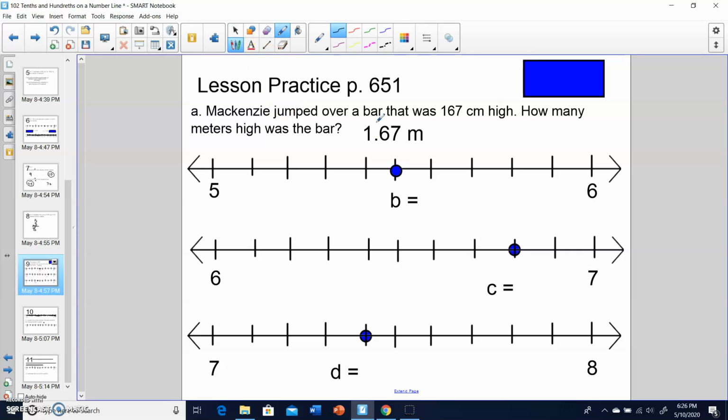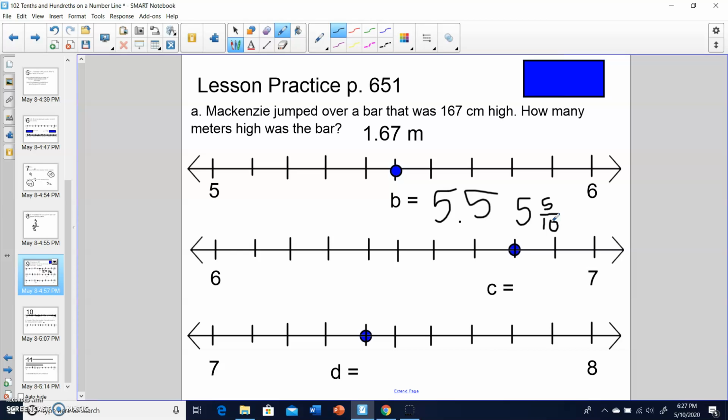So B would be 5 and 5/10, or you could write it as a mixed number, which would look like 5 and 5/10. Okay, go ahead and do the same thing for C.